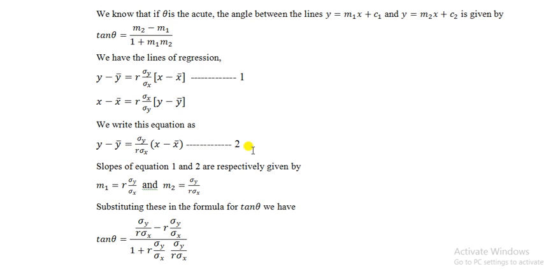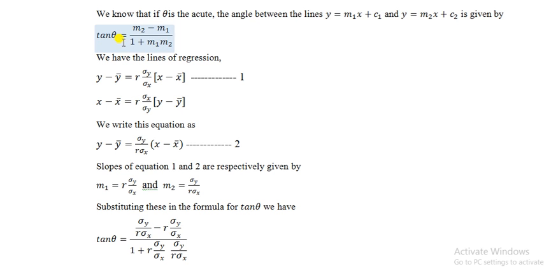Say equation number 2. Now the slopes of equation 1 and equation 2 are respectively m1 equal to r into sigma y by sigma x and m2 equal to sigma y divided by r into sigma x. Now we substitute the m1 and m2 values in the tan theta formula.